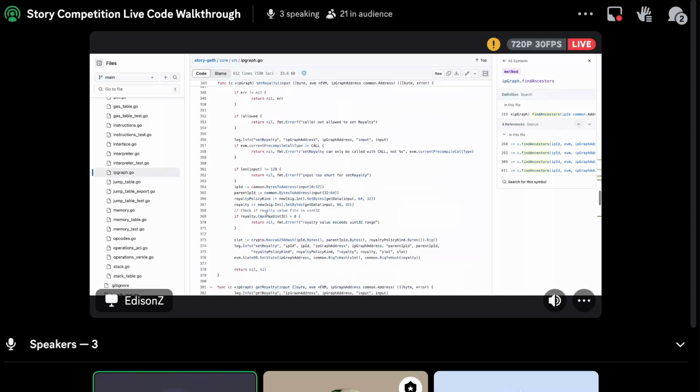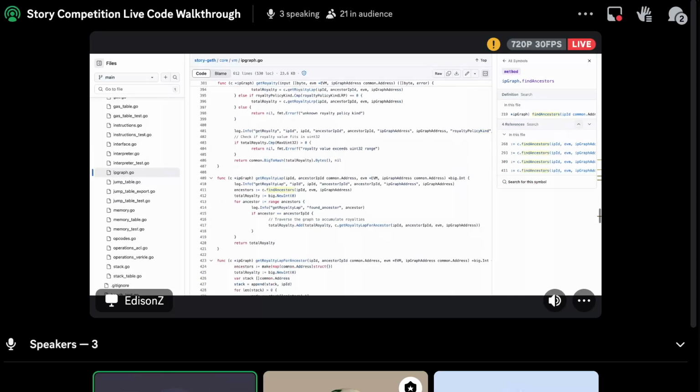The whole goal here is to allow users or the protocol to build the IP graph on chain, to keep track of the relationship between different licensing and royalty streams.